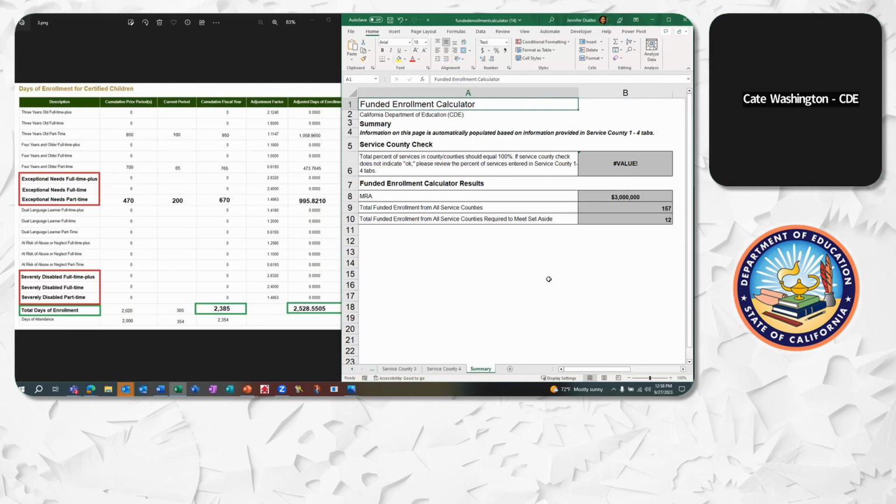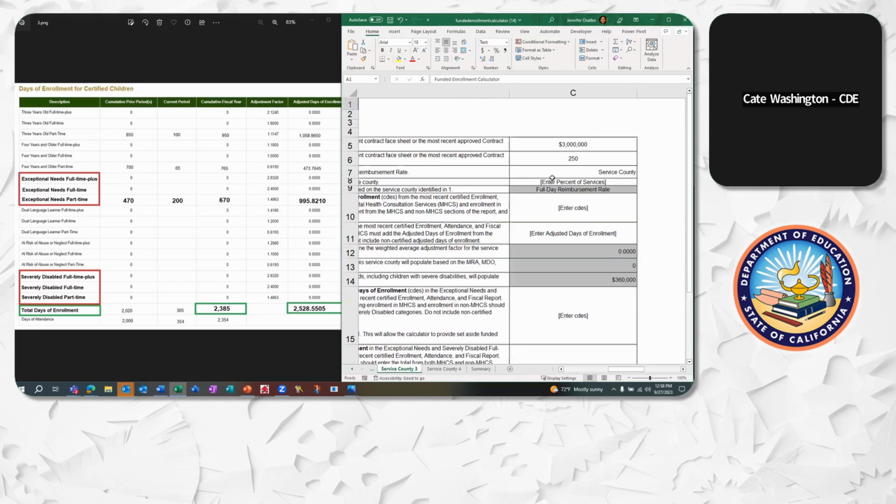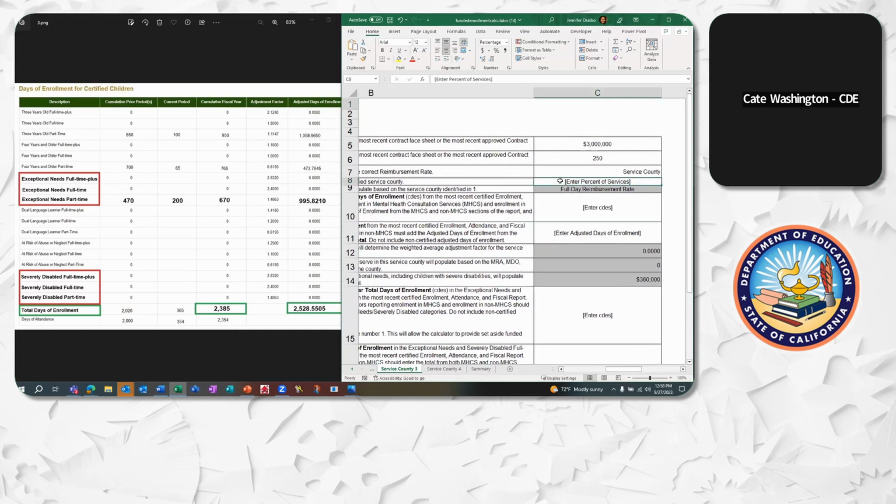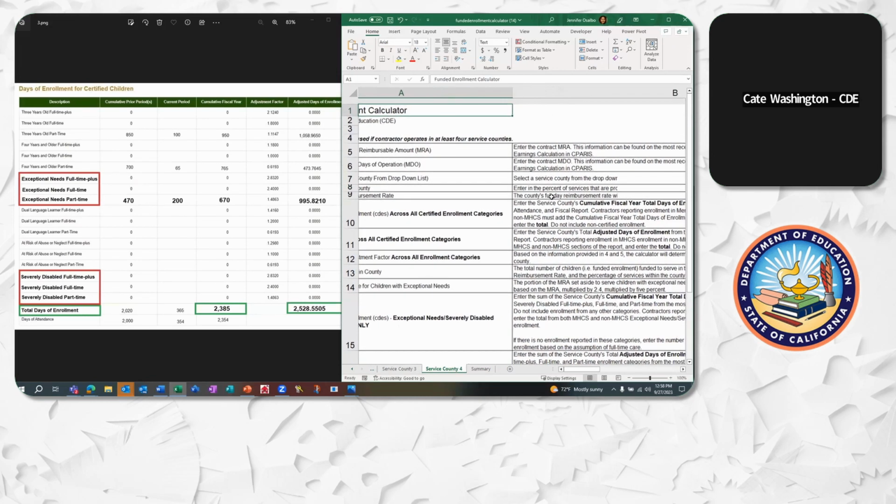First, you can see the service county check, which may display a value, which is fine if you can look at the other 2 tabs and see that it is 100%. If you do see a value, you can actually enter 0 in service county 3 for the percent. And you can enter 0 in service county 4 for the percent, and that will actually populate correctly for you.